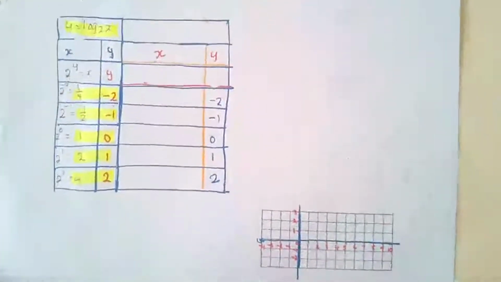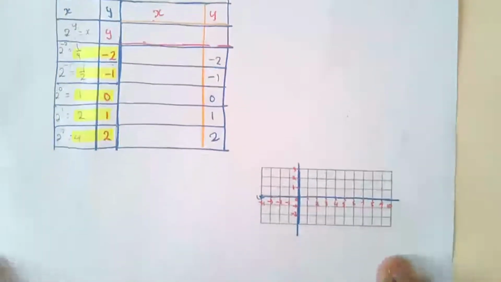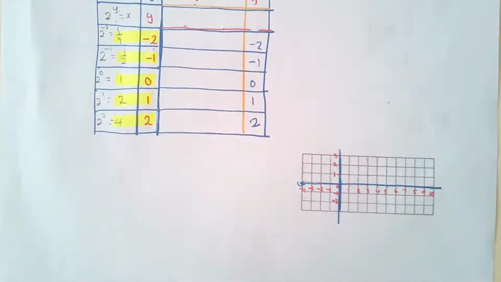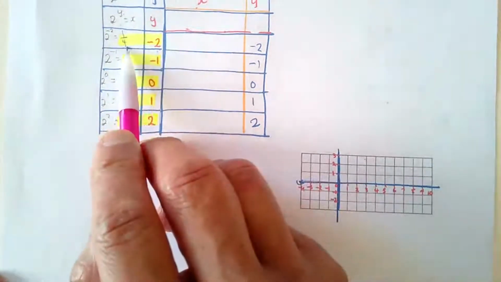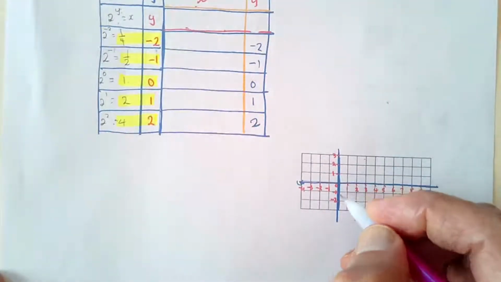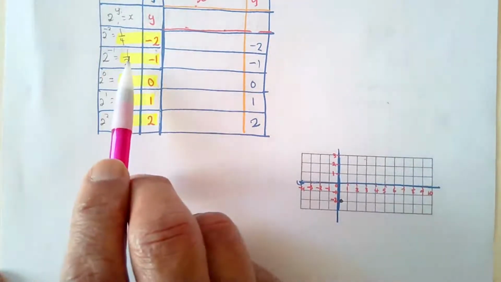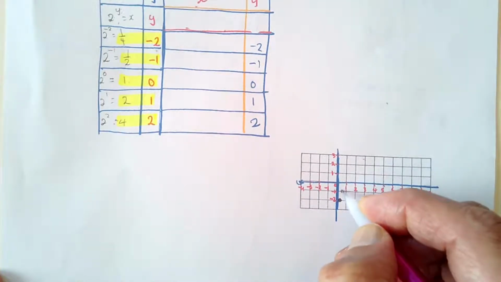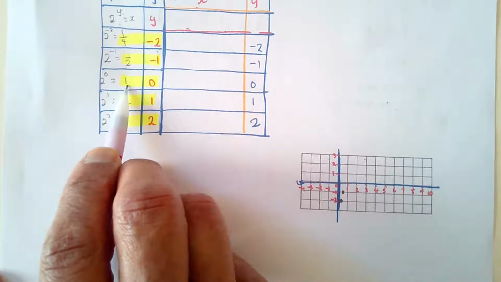I'll just move this up a little bit so I can get a view. Now, the first point is x is a quarter, y is negative 2. Then x is a half, y is negative 1. x is 1, y is 0.